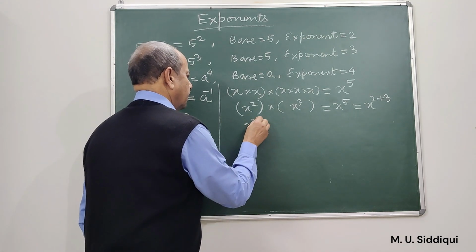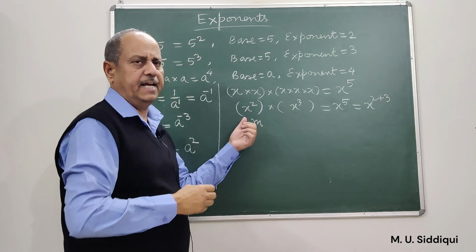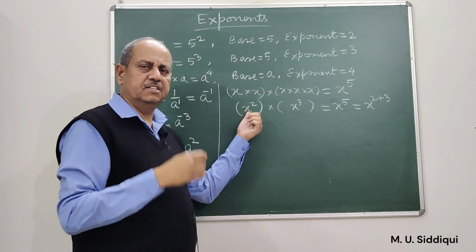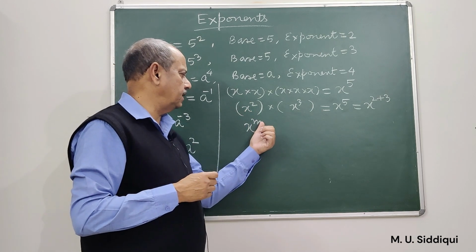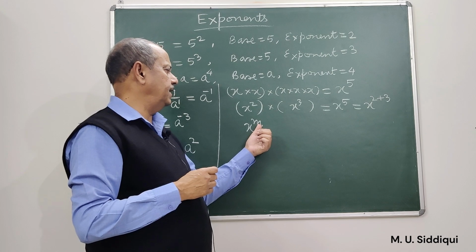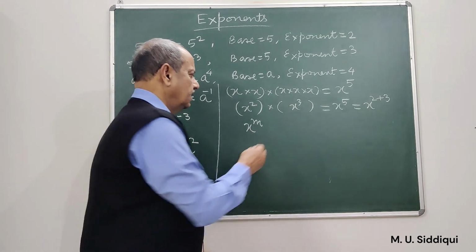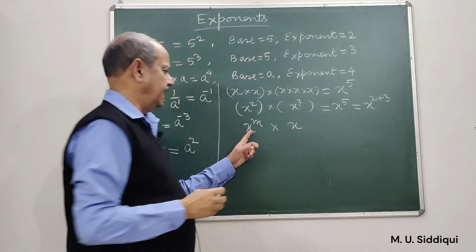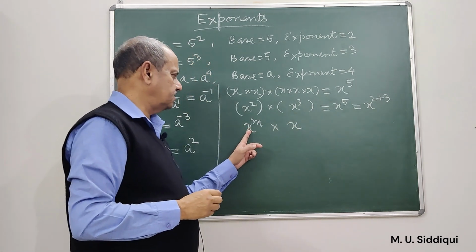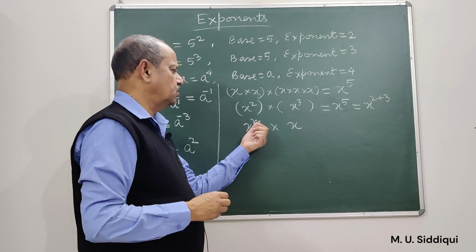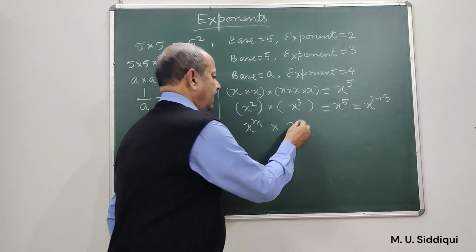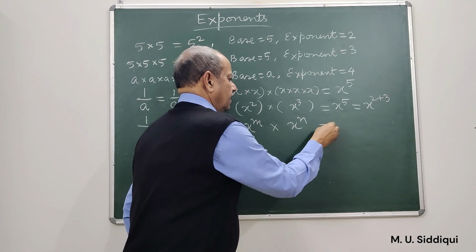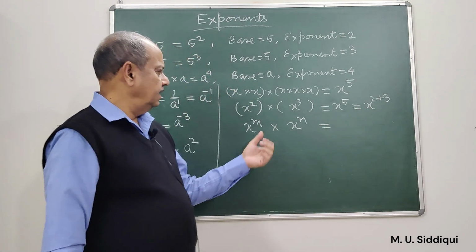If it was x to power m, m means any number of times that x is multiplied with itself. This is x to power m, that is, the exponent is m and the base is x. If you are multiplying another quantity which has the same base x, with some other exponent n, this is x to power n.